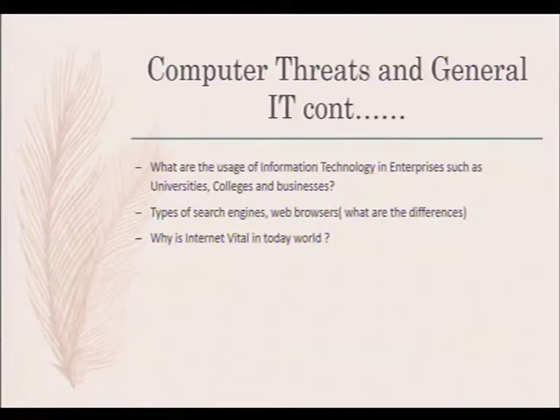For example, Google Chrome is a web browser, but Google Search is a search engine where you can search for your information. You need to know types of search engines like Google Search. We have Yahoo, we have Bing, we have different types. We need to look at those different types of search engines.